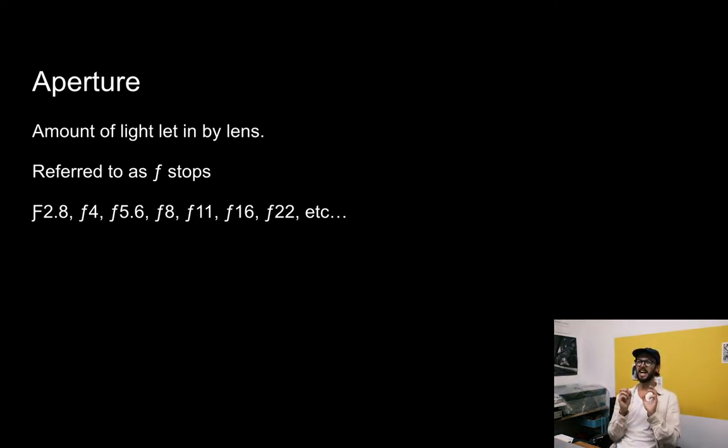Here's where it gets kind of confusing. The smaller number is the larger aperture. The bigger number is the smaller aperture, all right? So the smaller the number, the more light's being let in because it's a larger aperture. The larger the number, the smaller the aperture, so the less amount of light, okay?